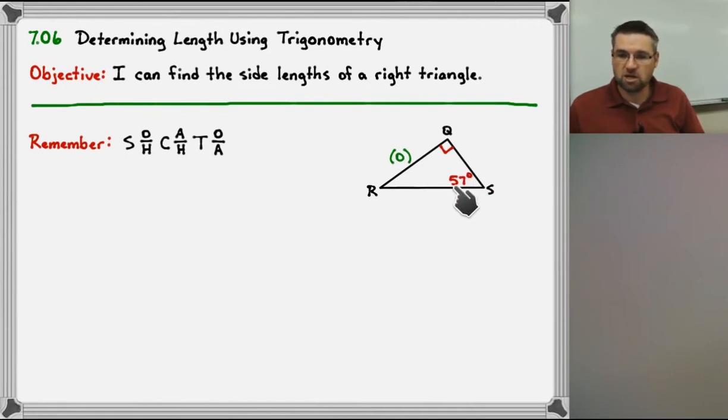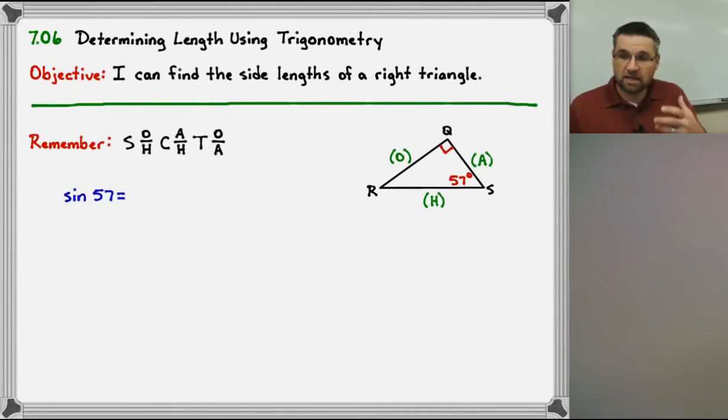So remember, if I'm talking about 57 degrees, the opposite is the one that is furthest away from it. It's the side that is not touching that angle. This angle is S, so RQ is opposite to it because it's not touching S. The adjacent side is the side that touches S, but that is not the hypotenuse. In other words, it's the side that has the two angles, so the 90 degrees and the 57 degrees. And obviously the hypotenuse is the hypotenuse, okay?